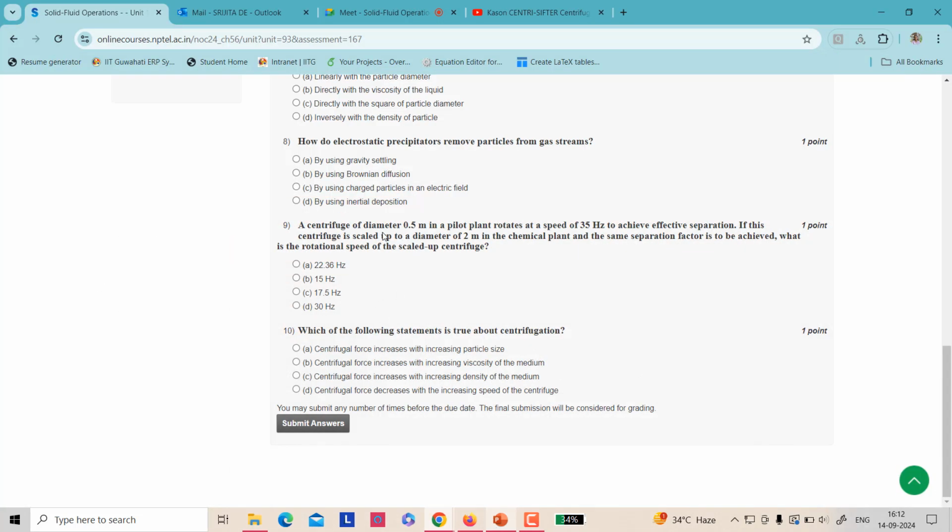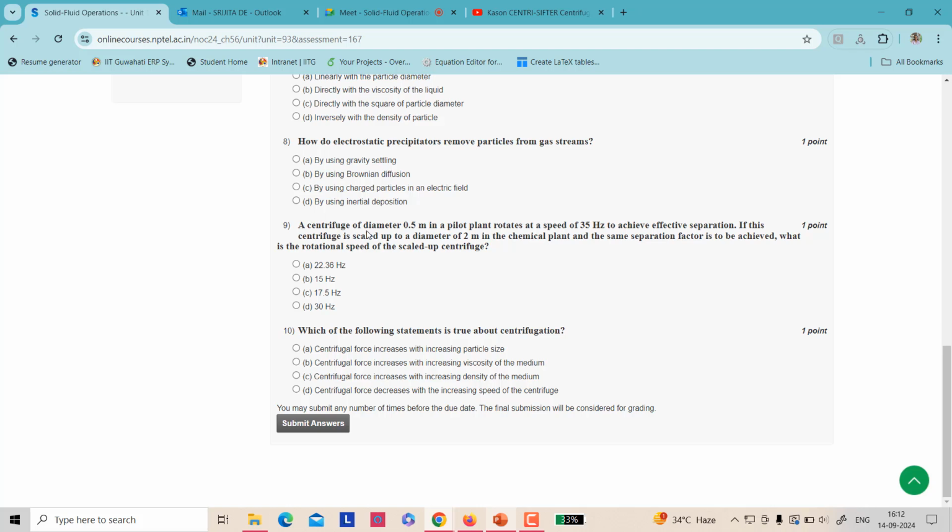In the question it is said that the diameter of the centrifuge is 0.5 meter and it rotates at a speed of 35 hertz to achieve effective separation. If this centrifuge is scaled up, in the second case the diameter becomes 2 meter and the same separation factor is to be achieved.